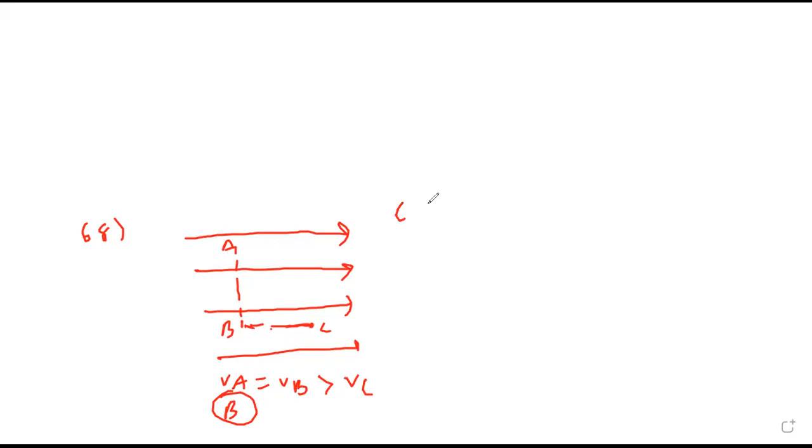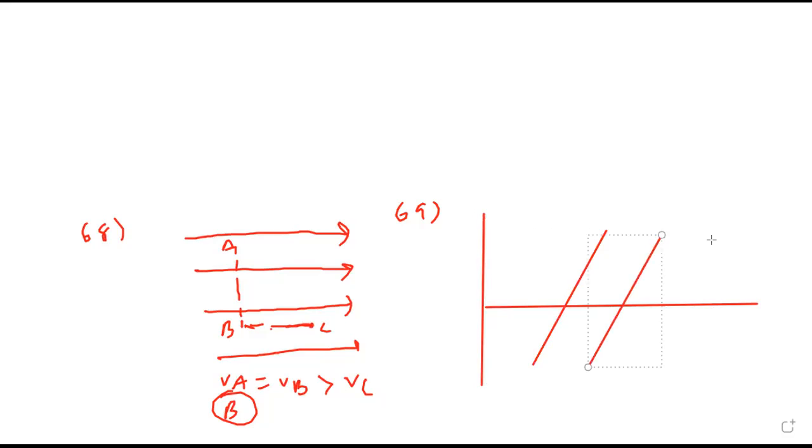69. Equipotential surfaces are shown in the figure, then what will the electric field strength be? With the angle also they want. This is a famous sum for JEE Mains. Electric equipotential surfaces are as shown. Electric field we want.